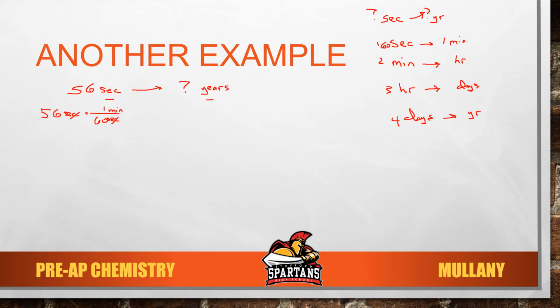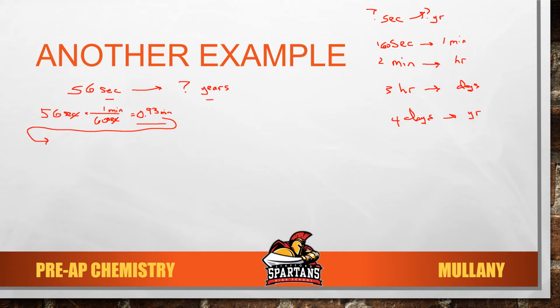This is whenever I say cancel your units, this is what we're saying to do. Now 56 divided by 60, calculator says 0.93. 0.93 minutes.